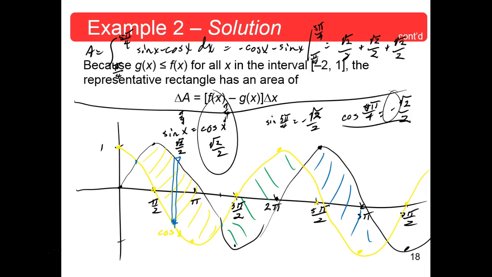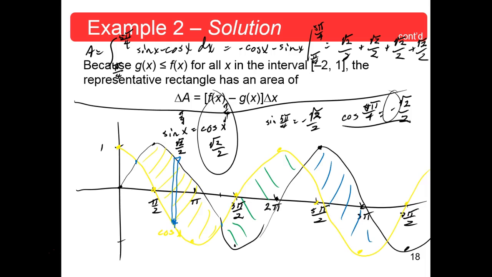But then when you do the sine, you got a minus, another plus root 2 over 2, I think.